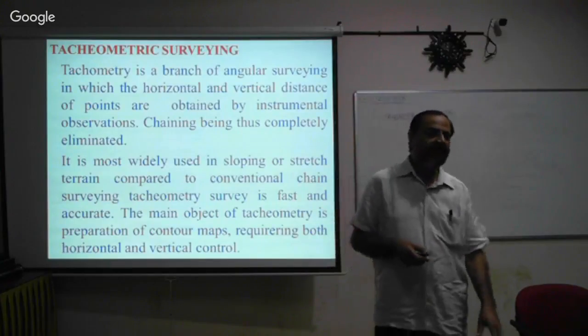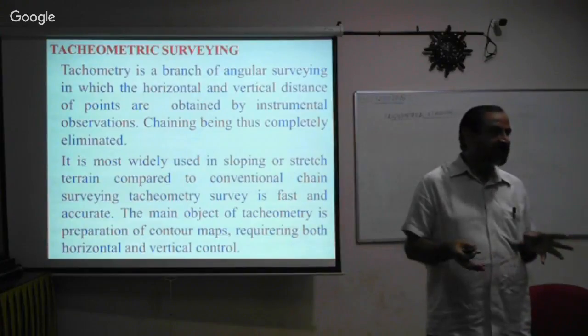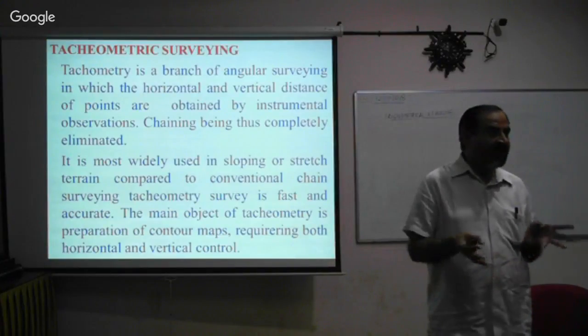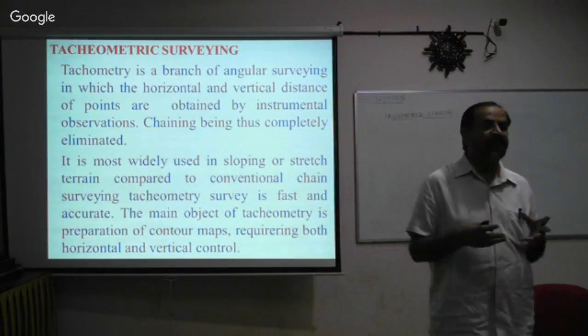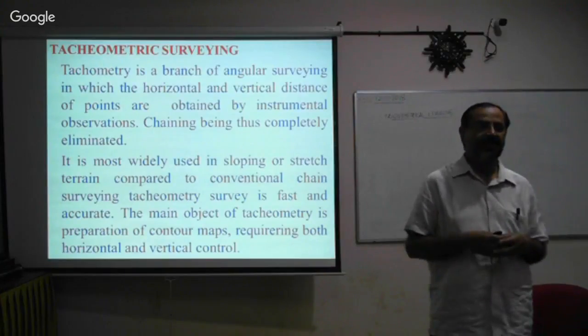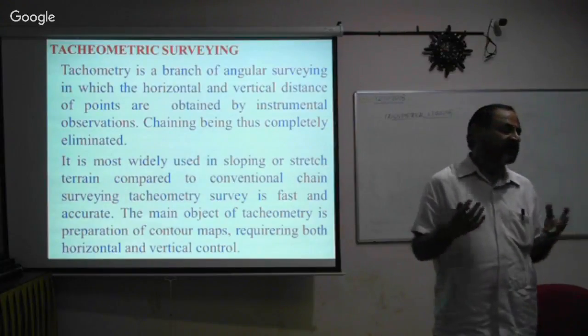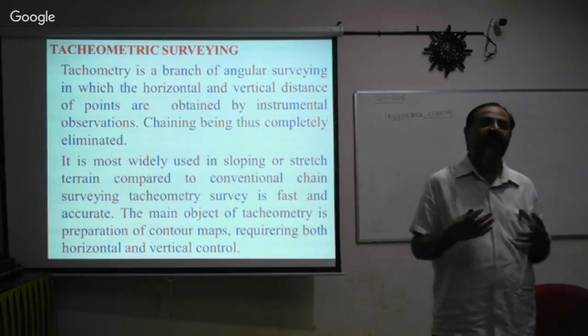Now please understand tacheometry. What is tacheometry? Tacheometric leveling is another method of finding the elevations and distances by measuring the vertical angles, by measuring the angles.